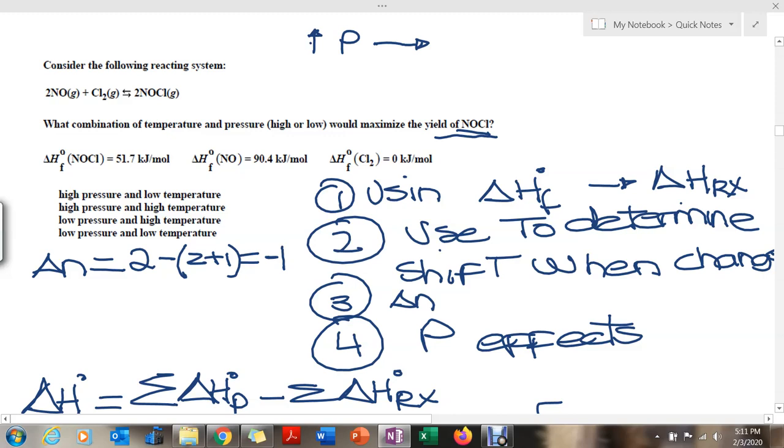So then the heat: where is the heat? If the reaction is exothermic, the heat would be on the product side. To get more products, to go to the right, you need to lower the temperature, which reduces the heat, and it will take me to the right. So what combination is this one?